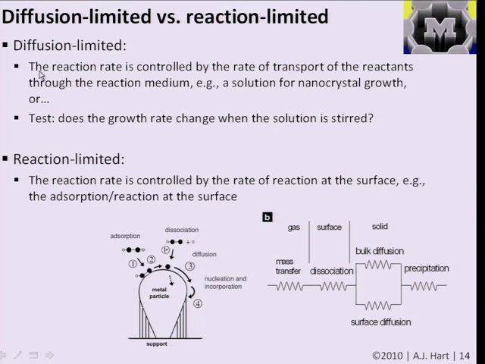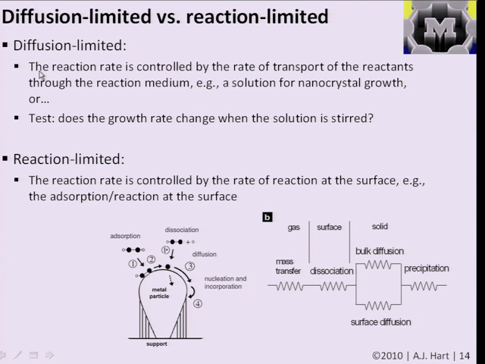And what this means is that the rate of a reaction, or in our case, the rate of growth of the particle in solution after the nucleus forms, is controlled by the rate of transport of the reactants or the monomers, whatever is adding itself to the particle, through the medium. For example, it's like the transport of the monomer through the solution to the surface of the particle. Or, in the case of nanotube growth, it could be the rate of transport of carbon over the particle surface or through the particle to the nanotube.